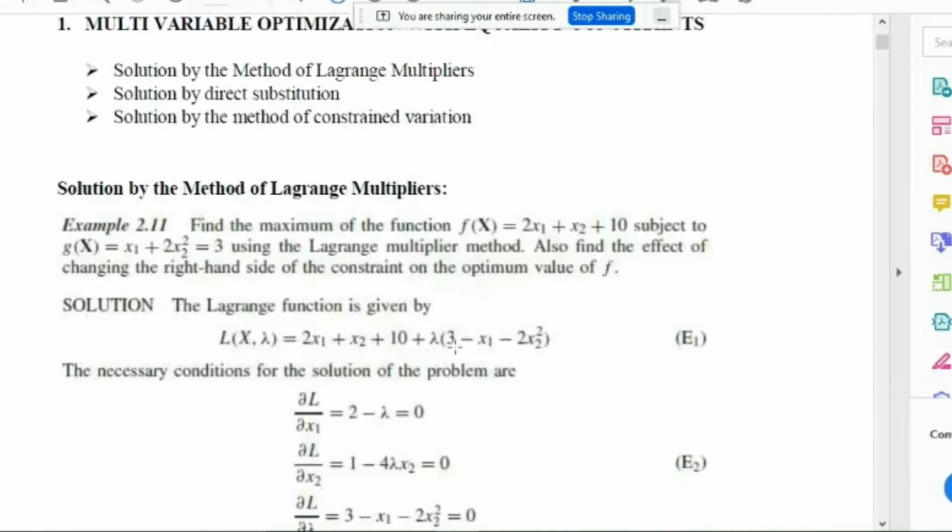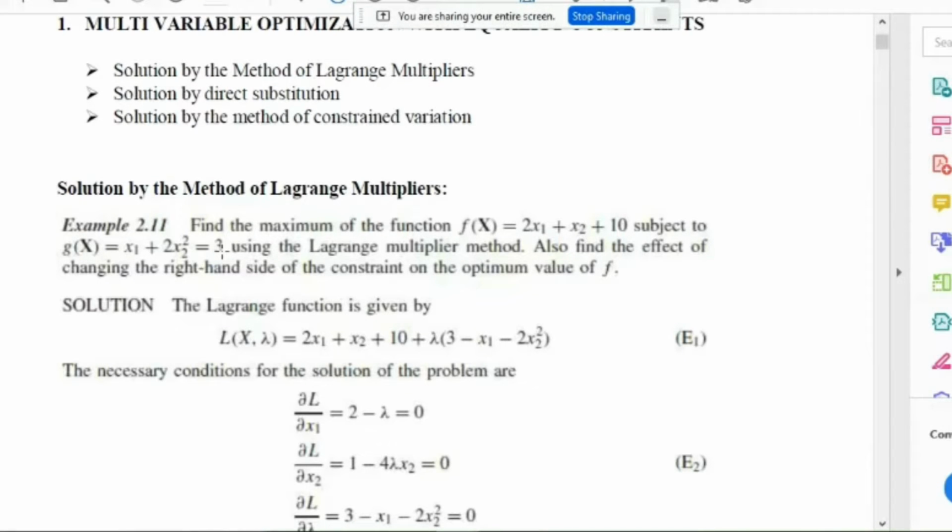Take one simple example. In the current example the objective function f of x is given, and the given constraint is of equality type. From the given objective function and constraint, we need to formulate the Lagrangian function. While formulating it, we need g of x equal to 0.